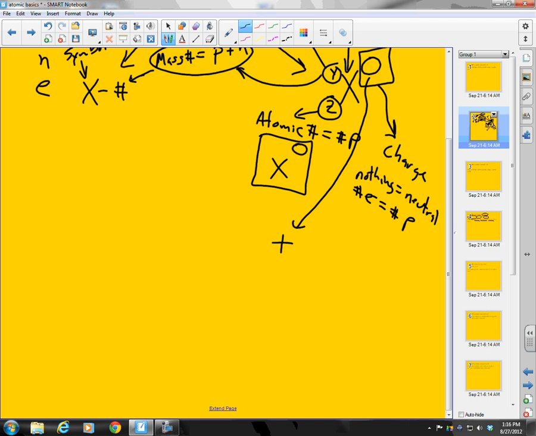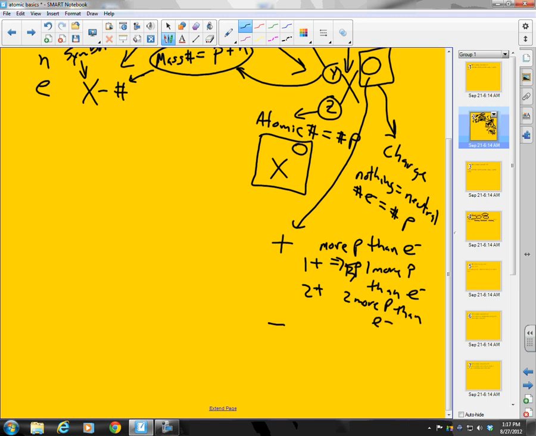So if it's positive, there are more protons than electrons. If it's a 1 plus, there is one more proton than electrons. If it's a 2 plus, there are 2 more protons than electrons.